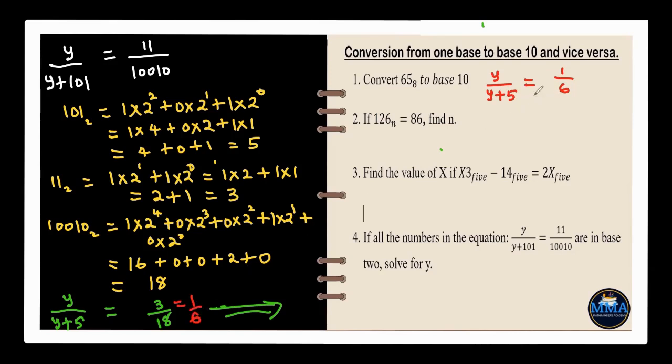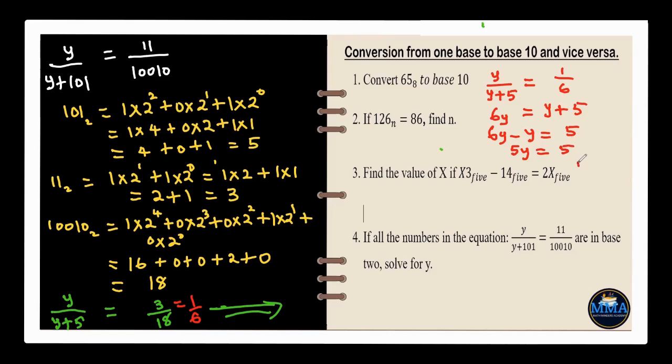So we cross multiply: 6y. We are multiplying both sides by 6, so we have y plus 5. So we have 6y minus y equals 5. 5y equals 5.